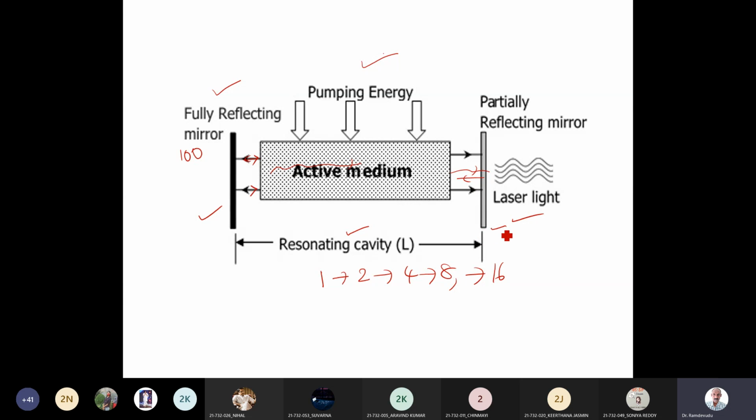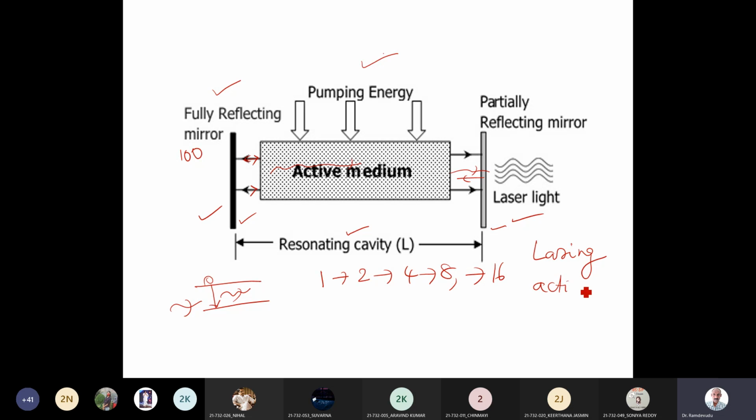Hence, these mirrors provide a resonance between the incident photon and the excited atoms which are releasing another photon. And such a process of multiplying photons in the resonating cavity is called lasing action.